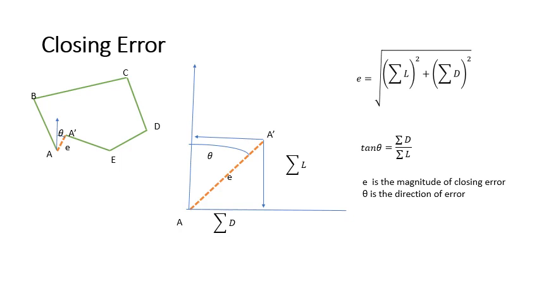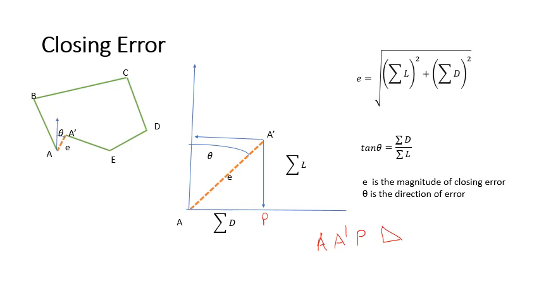Suppose we have this A dash P, a right angle triangle. In that case, the hypotenuse will be equal to the square root of the sum of the squares of the altitude portion and the base portion. This is nothing but the Pythagoras theorem, and you can calculate the value of E.